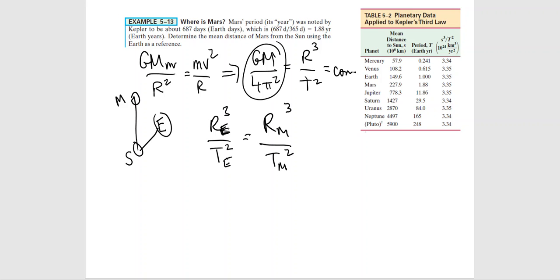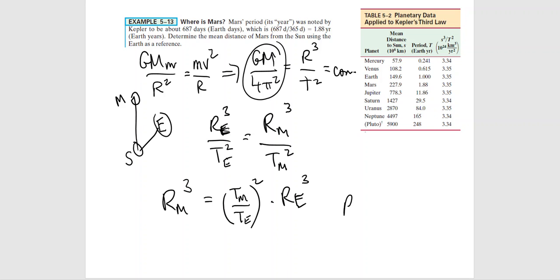So we can say that the radius of Mars cubed is equal to the time of Mars over the time of Earth squared times the radius of Earth cubed. And then we take the cube root of both sides.